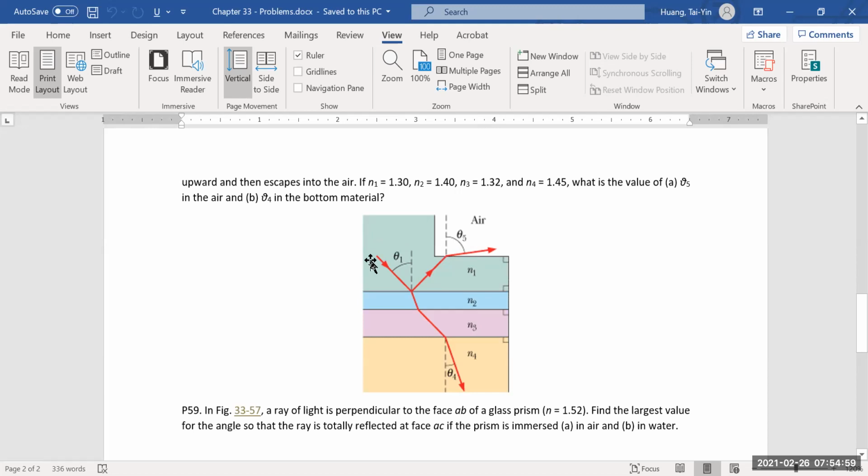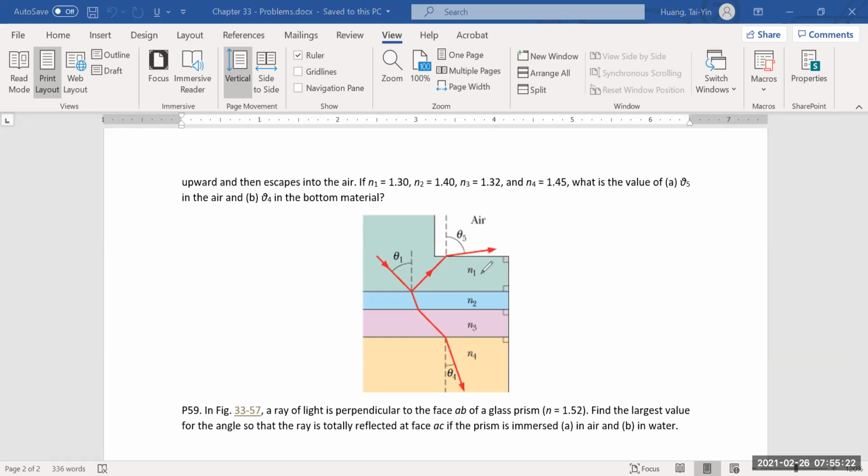We know that when you have light passing through different layers made of different materials, some light will be reflected and some light will be refracted. Okay, so for the reflected ray, theta 1 here is the same as that one, and for the refracted ray, we will use Snell's law.